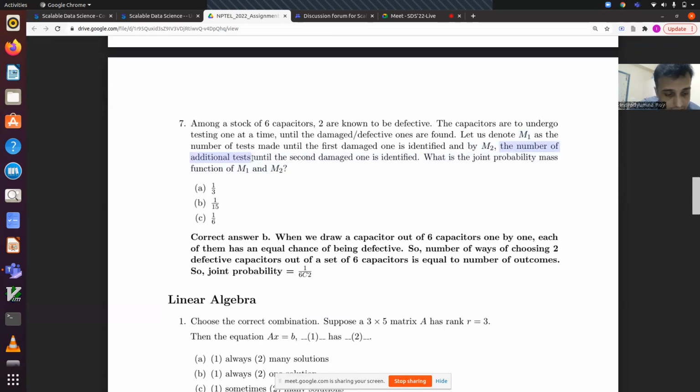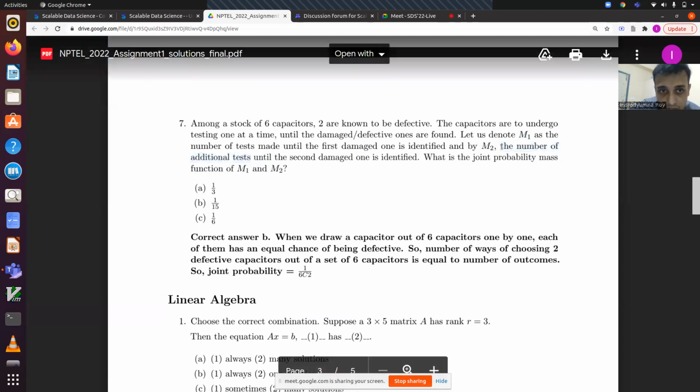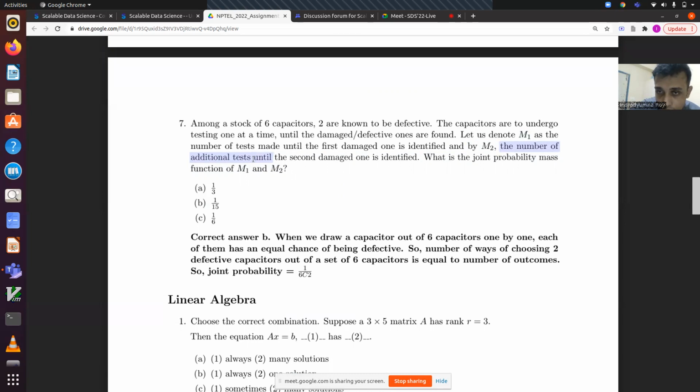Let's say the third capacitor is faulty. So you check 1, 2, and then at 3, at M1 equal to 3, you find the first bad one. And then let's say the fifth capacitor is faulty. So you again start counting from 1 and 2, so the fourth is 1 and the fifth is 2. And at M2 equal to 2, you find the second bad one. Are you getting it? So this number of additional tests is important.